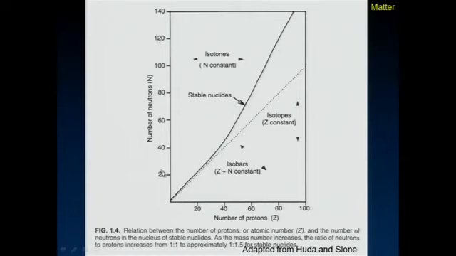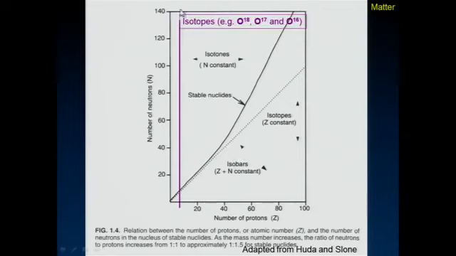As we take a look at all of the nuclei that are out there, we'll notice that there's a certain ratio of their protons to neutrons that occurs. But let's first mark the things that we just talked about. These vertically oriented lines are the isotopes, the things that have a constant number of protons.